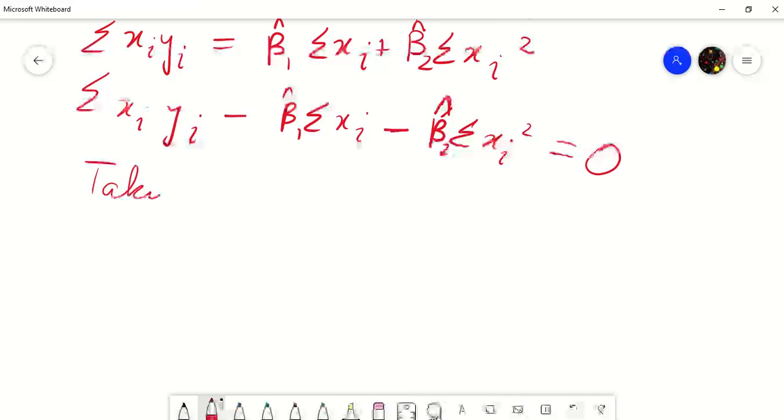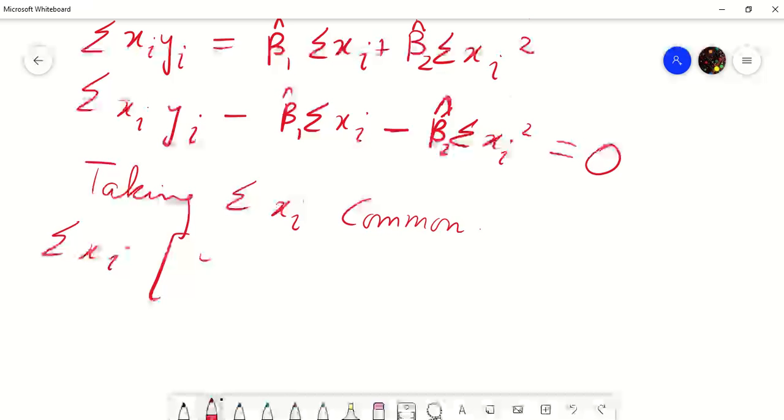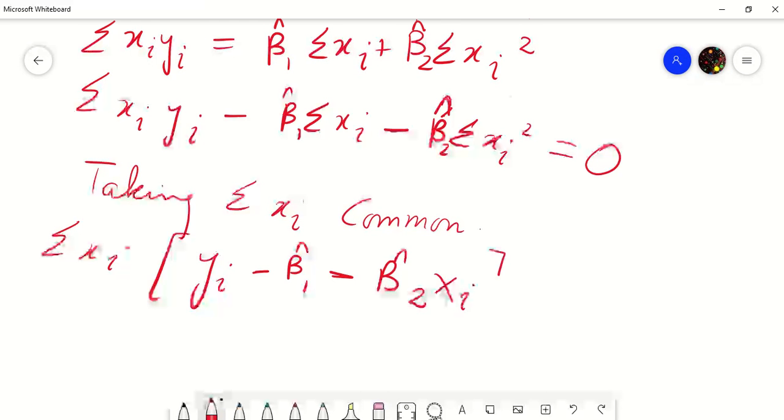Taking summation xi common, we get summation xi times yi minus beta 1 hat minus beta 2 hat xi, as there is xi square, equals 0.